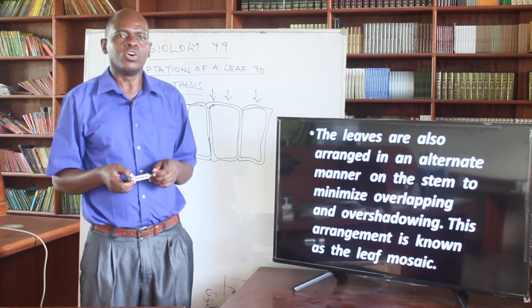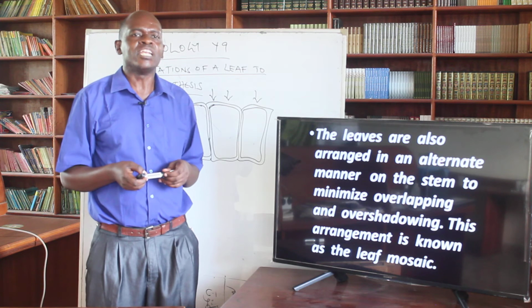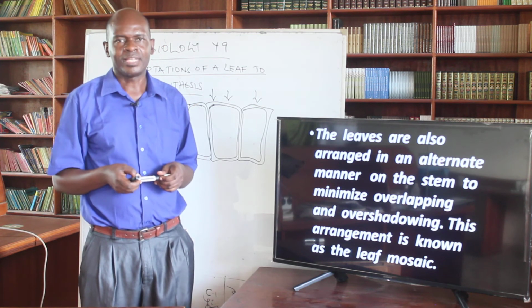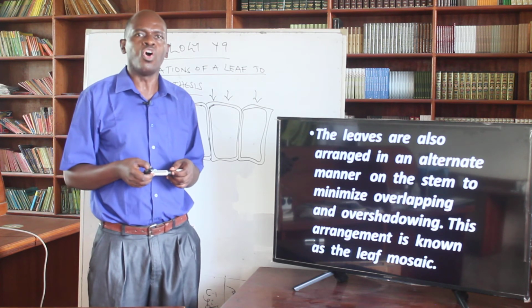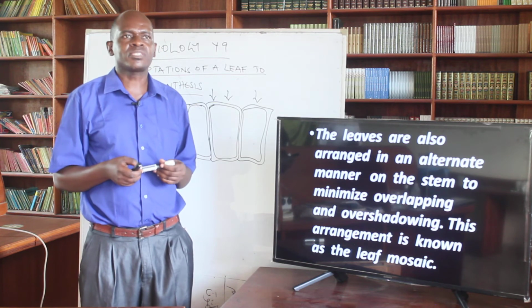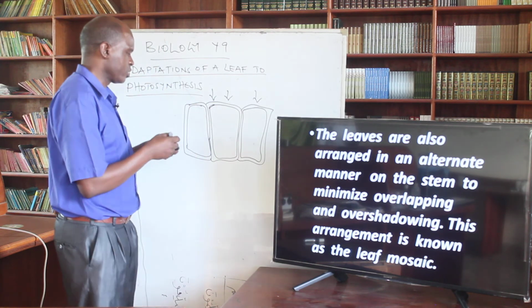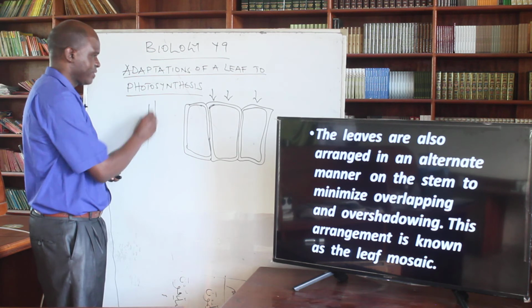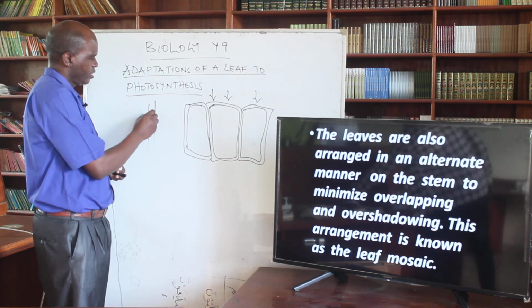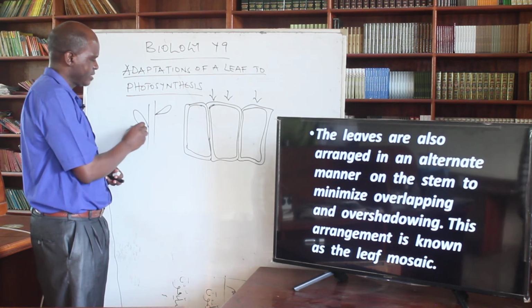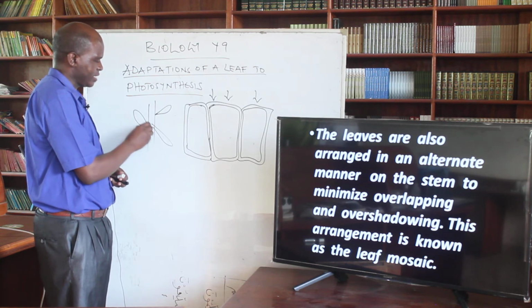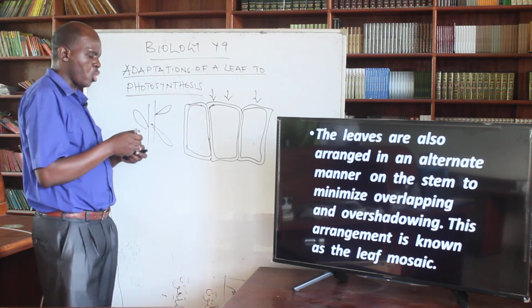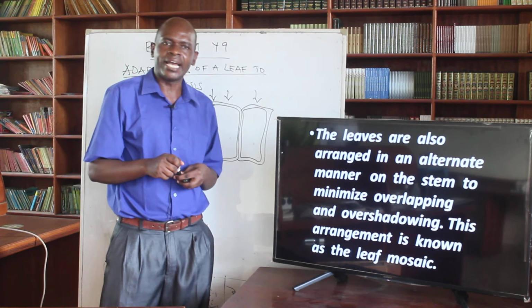The leaves are also arranged in an alternate manner. The arrangement of the leaves is alternate. That means, if we talk about alternate, this is what it means. If we have that as the tree, if a leaf is here, another leaf will be somewhere there. Another leaf is on this other side, so that there is no overlapping and overshadowing.